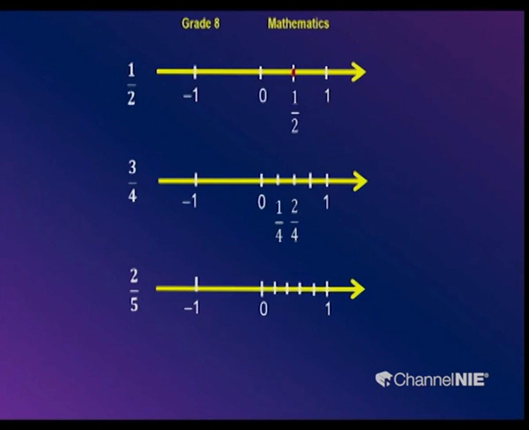Now you can see 1/4, 2/4. Then you can take 3 over 4. The last one, 2 over 5. How to represent that? Separate between 0 and 1 into 5 parts. Then take 2 parts. Then you can represent 2 over 5.